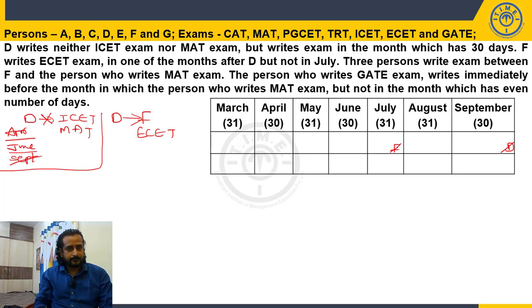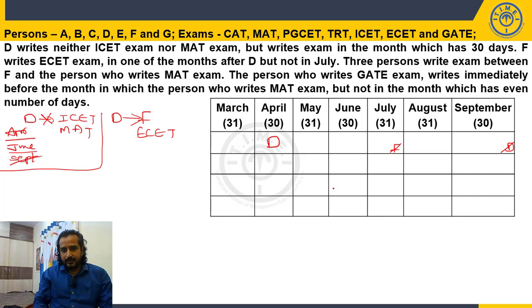Clear? So how many possibilities do we have? Two possibilities. What are the two? One case where D is in the month of April. What is the other case? D is in the month of June. But D neither writes ISET nor MAT.